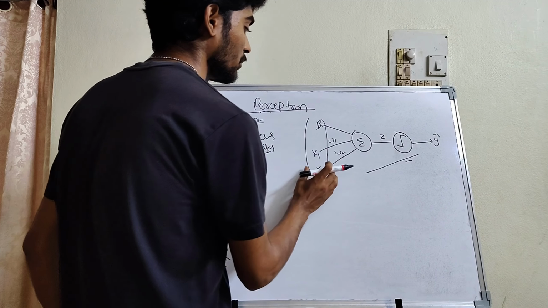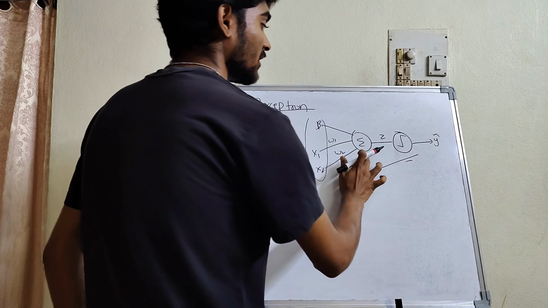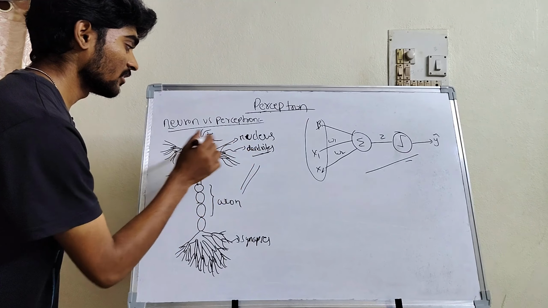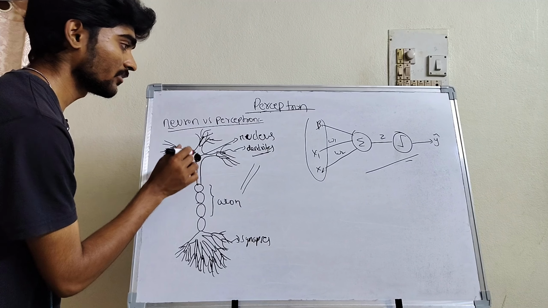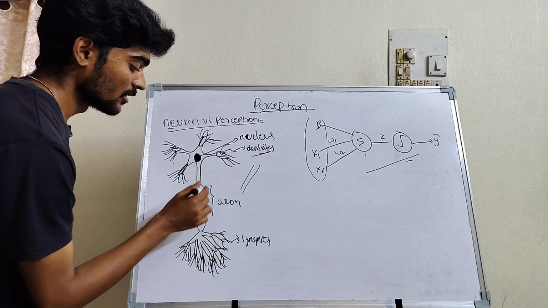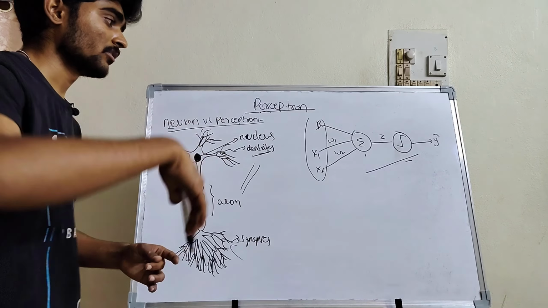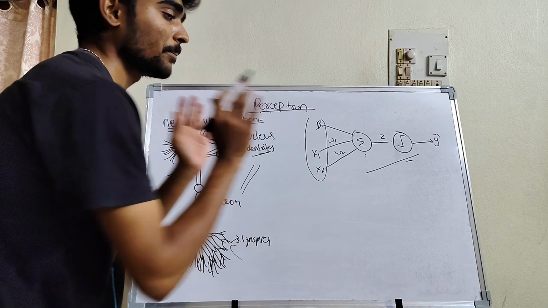From the weighted sum calculator it goes to the activation function and the output comes out. Similarly, in the biological neuron, from the dendrites it goes to the nucleus, some output is calculated, and the output is passed through the axon and synapses to the next neurons. So these are the basic similarities between a biological neuron and a perceptron.